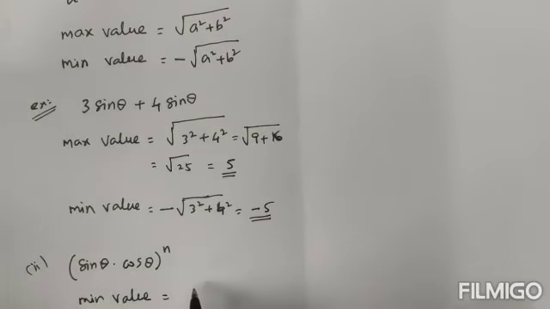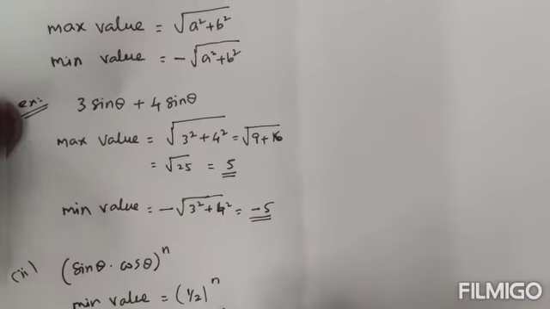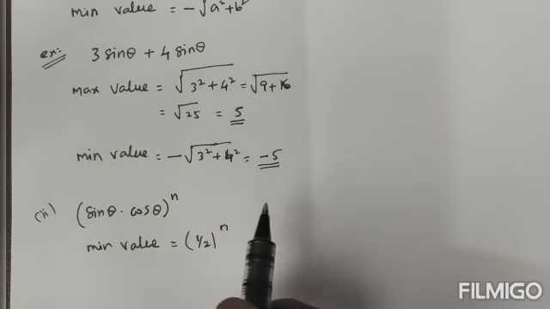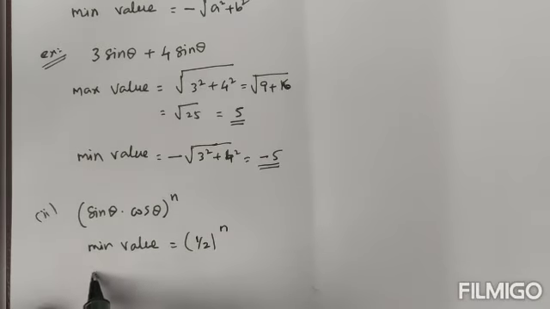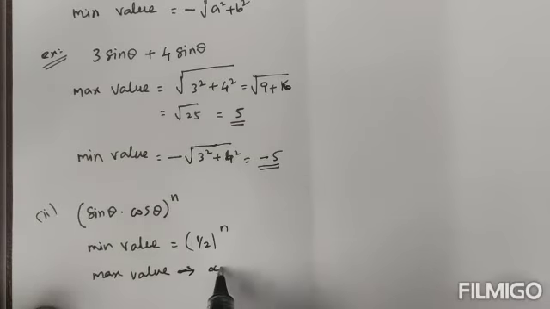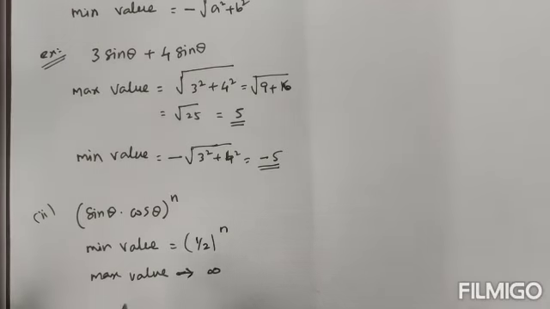The formula is half power n. Here the power n value will come, and you can directly substitute that, that's all. This is the minimum value. The maximum value goes up to infinity. So the minimum value is 1/2 whole power n.